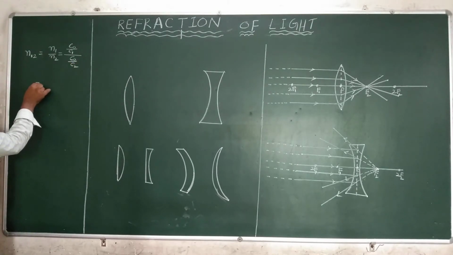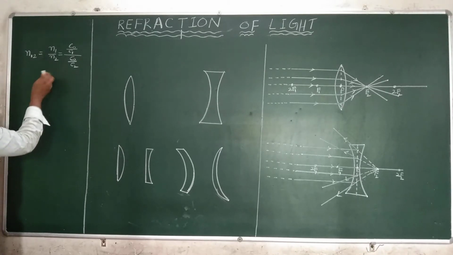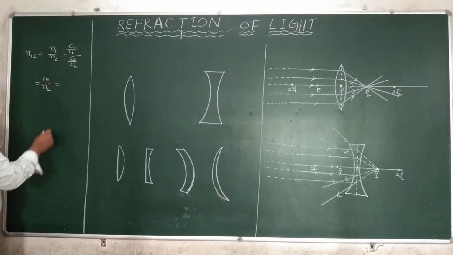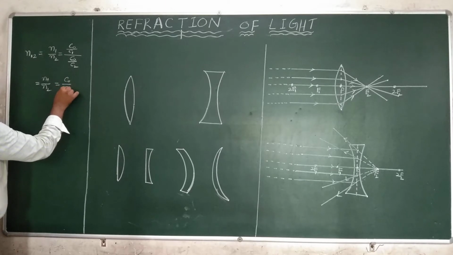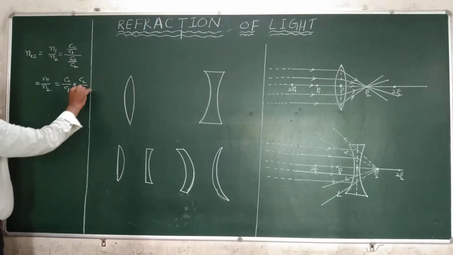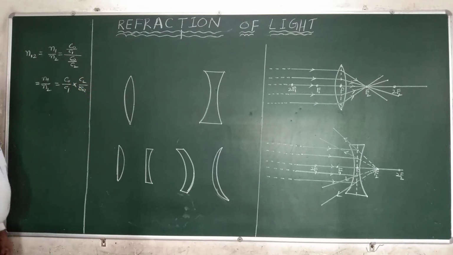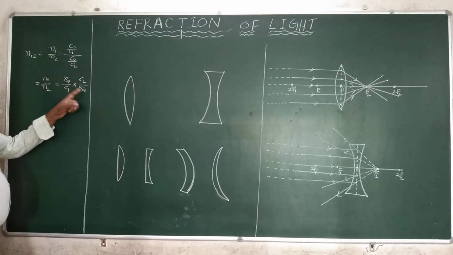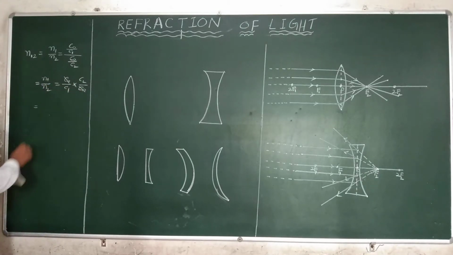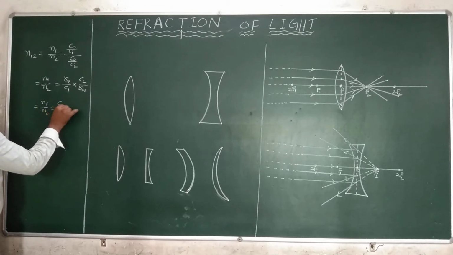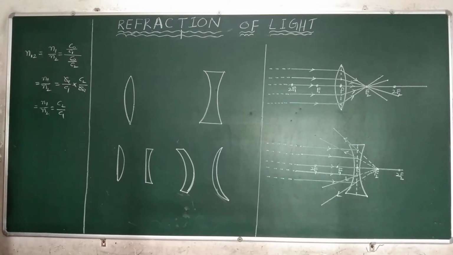So from this relation we can write n1 by n2 equal to c0 by c1 into c2 by c0. Here c0 represents the speed of light in free space. That's why these two get cancelled. So n1 divided by n2 equals c2 divided by c1.